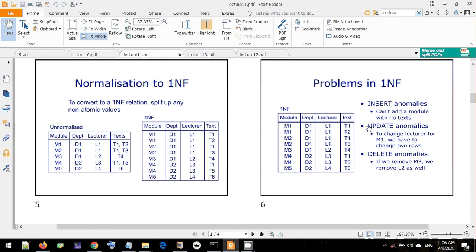The next anomaly is update anomalies. For example, if we want to change the lecturer for m1, we'll change the lecturer here, but m1 is also here, so we'll be forced to change the lecturer also here. That means we're going to modify two rows instead of modifying one row as initially intended.